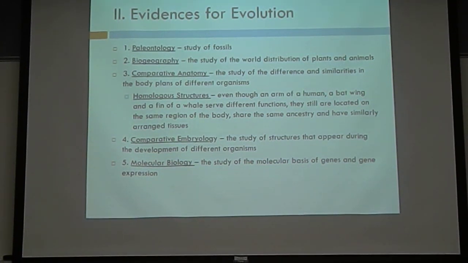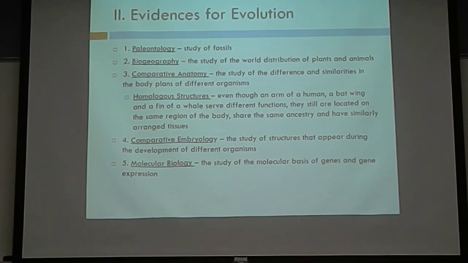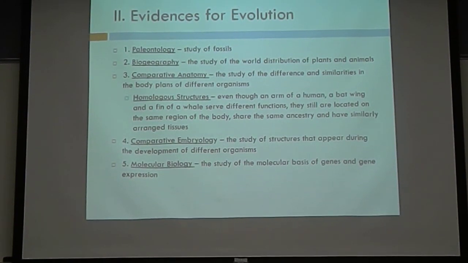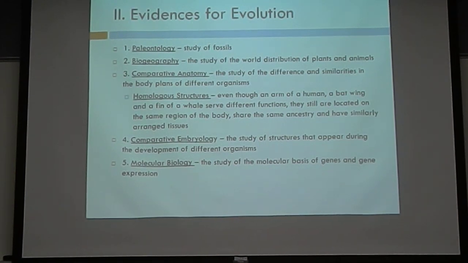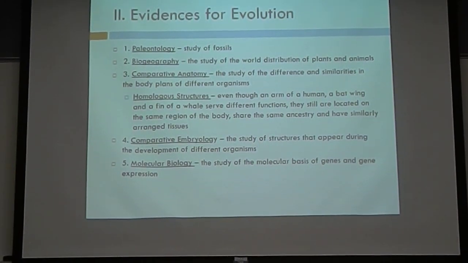They don't have the same ancestry, that kind of thing. So they're analogous, all right? But homologous structures don't have to have the same function. They are similar in that they're the same body region, same ancestral makeup, and same tissue arrangement, all right?